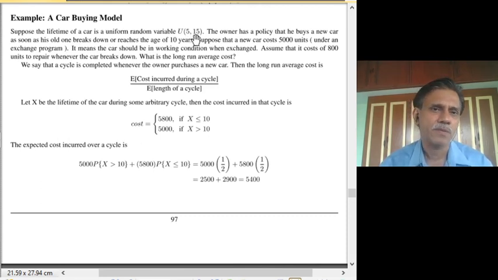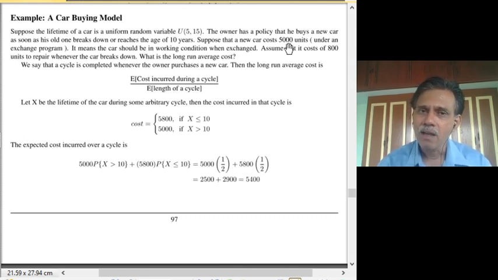But there is a catch. When a car breaks down, you have to make it into a working mode before exchanging it. To repair it, it will cost 800, and then to buy a new car through the exchange mode is 5,000. So you will end up paying 5,800.